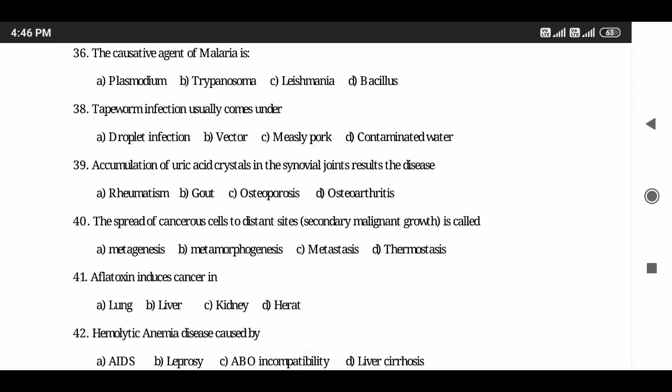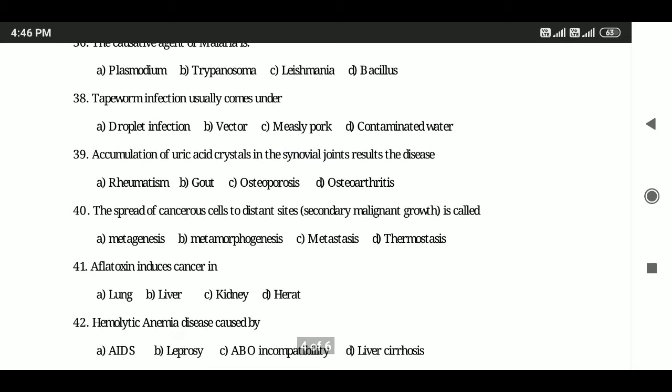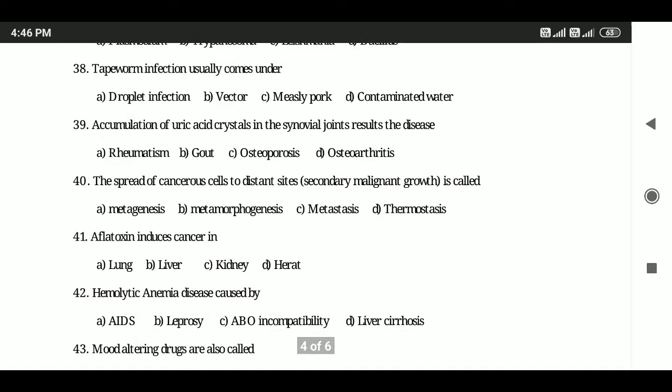38. Tapeworm infection usually comes under droplet infection, vector, measly pork, contaminated water. So tapeworm generally comes from measly pork, the flesh of the pig which is not properly cooked and which contains tapeworm infections. 39th. Accumulation of uric acid crystals in the synovial joint results in the disease rheumatism, gout, osteoporosis, osteoarthritis.